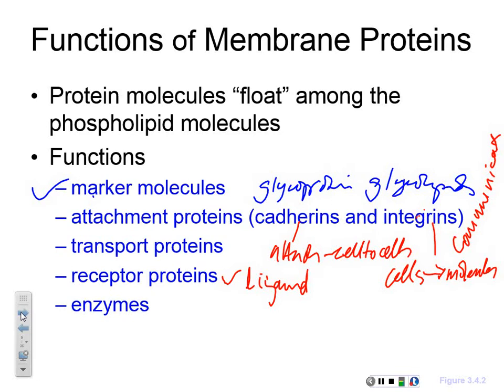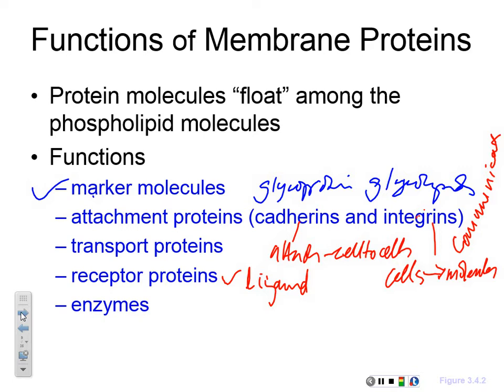All right, so receptor proteins are specialized integrins. Do you see that? Receptor proteins are specialized integrins because they will only attach to a specific ligand of a specific shape, all right, and then they will affect cellular mechanisms inside of the cell.